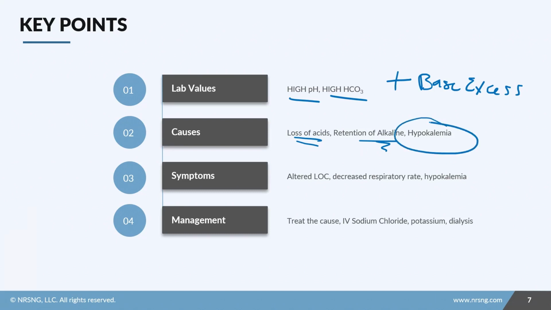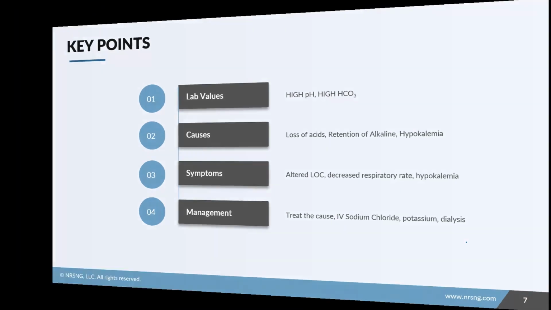Also, don't forget that hypokalemia and alkalosis are very closely related. You're going to see symptoms of the underlying cause, symptoms of the alkalosis, and possible signs of hypokalemia. And we always want to treat the cause, but we also recognize that things like IV sodium chloride, potassium supplements, and dialysis can be very helpful for these patients.